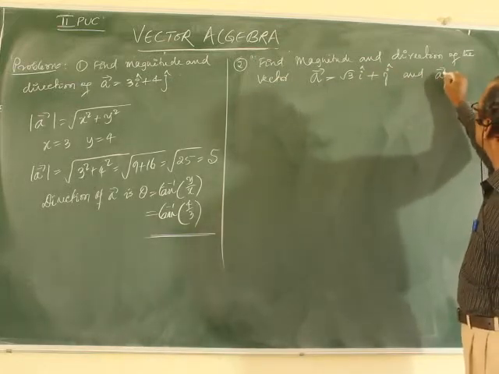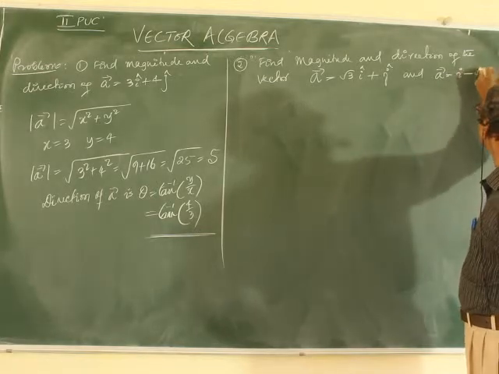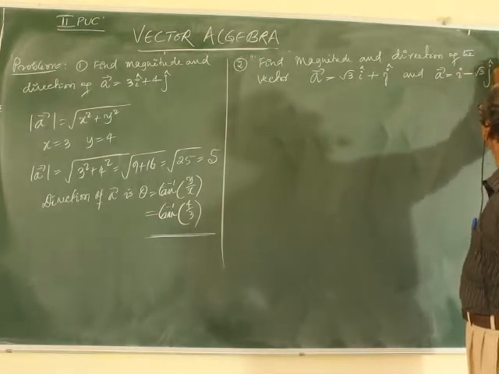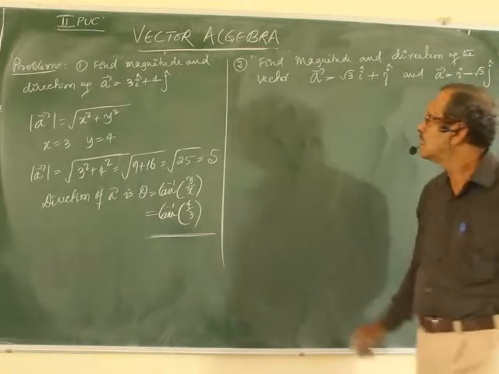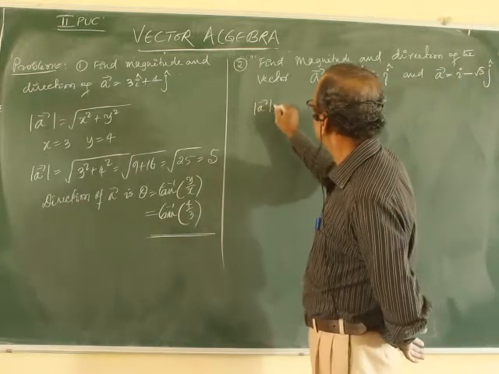And that will be homework for you: A equal to i minus root 3j. I have given two vectors.